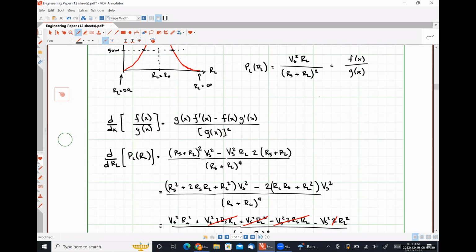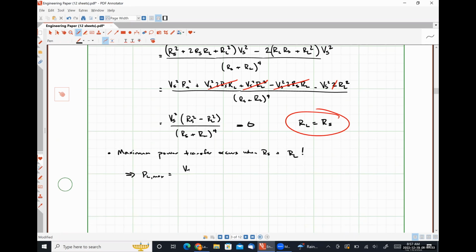So VS squared times RS, where we're replacing RL with RS, divided by RS plus RS squared, is VS squared times RS over 4 RS squared, which is 1/4 VS squared divided by RS. My apologies.